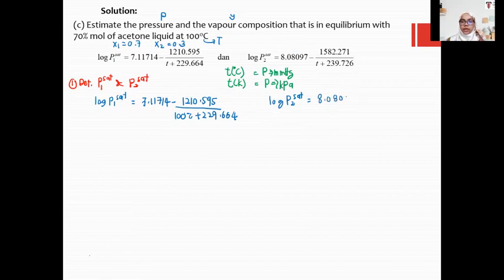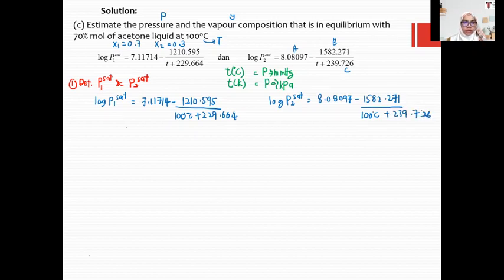Each species has its own value for the Antoine equation constants A, B, and C. So 1582.271, T is 100 degrees Celsius plus 2. You can try to solve this.